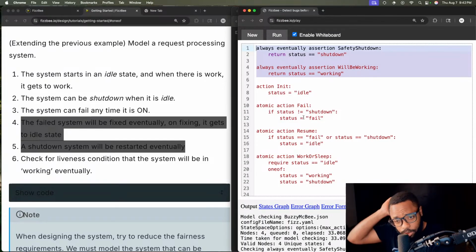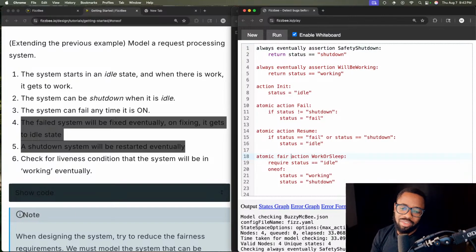So we need to force fairness in some of these actions. Well, our target is that we want the status to be eventually working and eventually shut down.